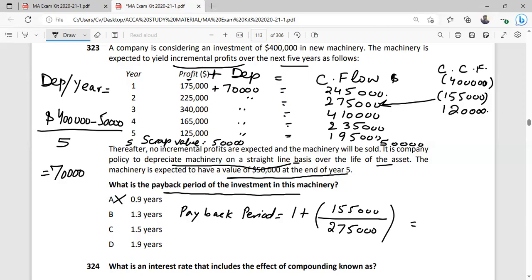I think this one is the right answer. Did you calculate the value? So it looks to me that it is the right answer. But let me check once again.